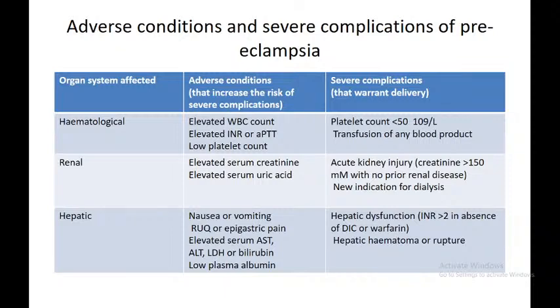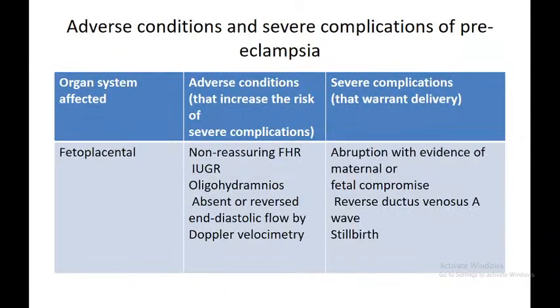Moving to the liver complications, most often once the liver is involved, these women complain of nausea or vomiting or right upper quadrant pain or epigastric pain, and their transaminases and bilirubin tend to be elevated. So one of the complications will be hepatic dysfunction, or sometimes even a liver rupture or liver hematomas. So these are the complications seen with the liver.